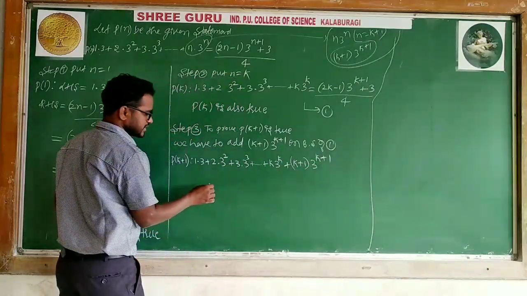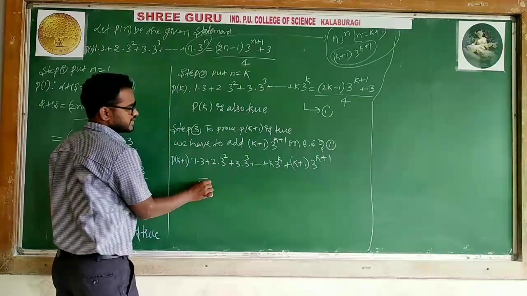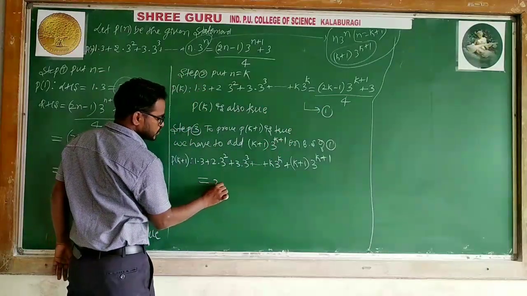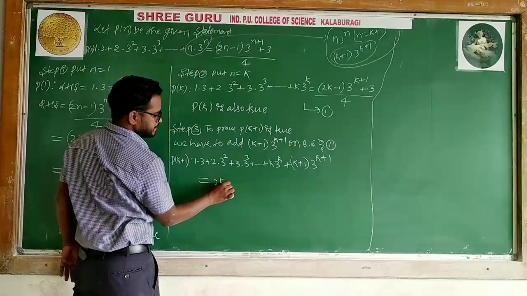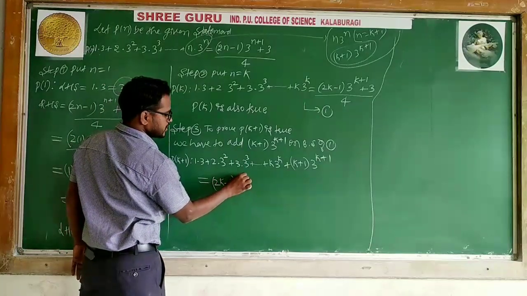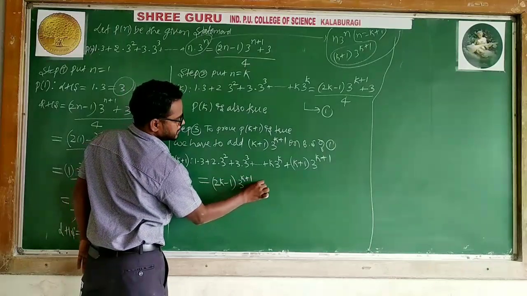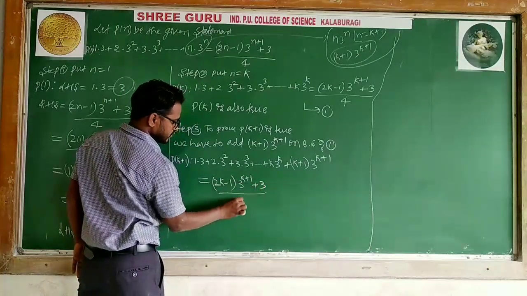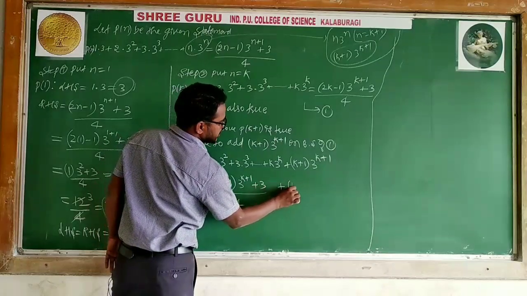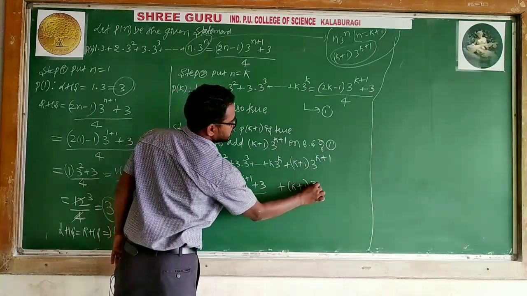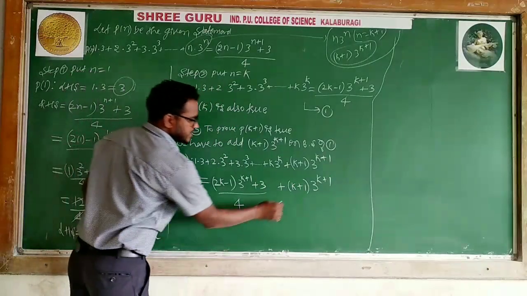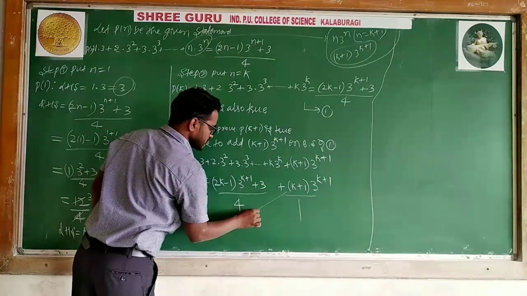This is the LHS side. What is the RHS side? Already we have 2k minus 1, 3 to the power k plus 1 plus 3 divided by 4. What we are adding is plus k plus 1, 3 to the power k plus 1. Listen here, the LCM is 1, so you can multiply across.